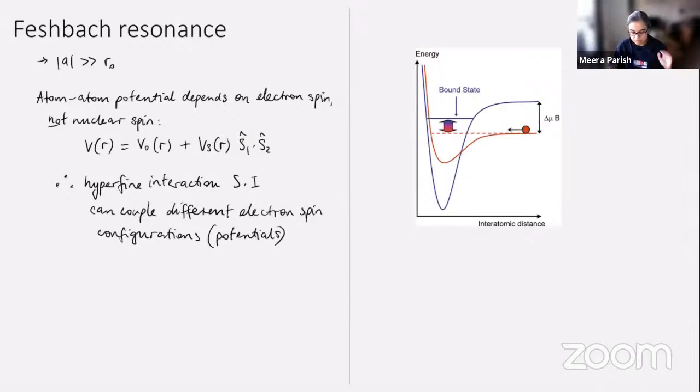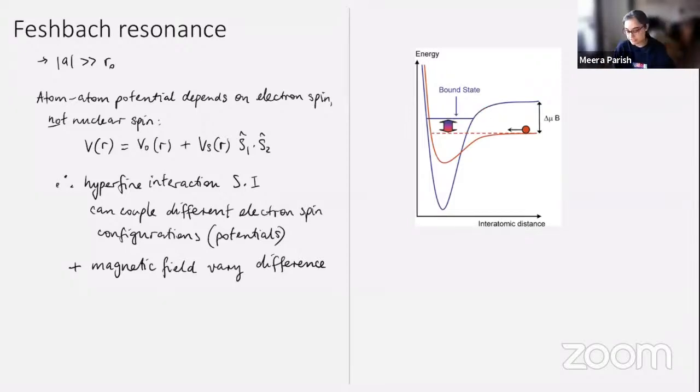All right, this is the first ingredient. The other thing is that you can use a magnetic field to vary the energy difference between these two different potentials. That allows you to tune a bound state.